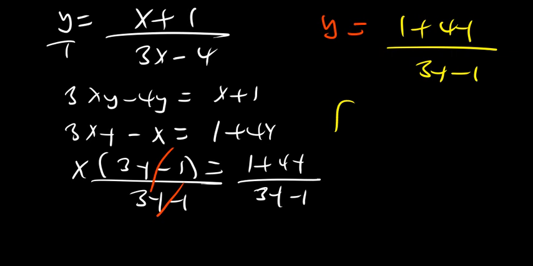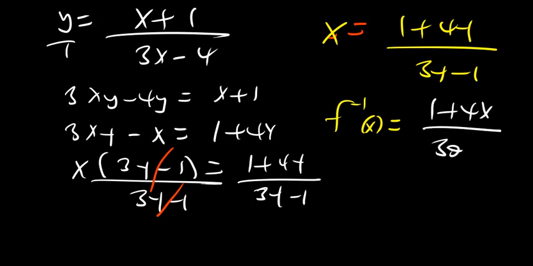So therefore for the inverse of f of x, you now interchange them. Where there is x, put y. So this f of x is the same as y. Where there is y, put x. So (1 plus 4x) divided by (3x minus 1). That is the inverse.